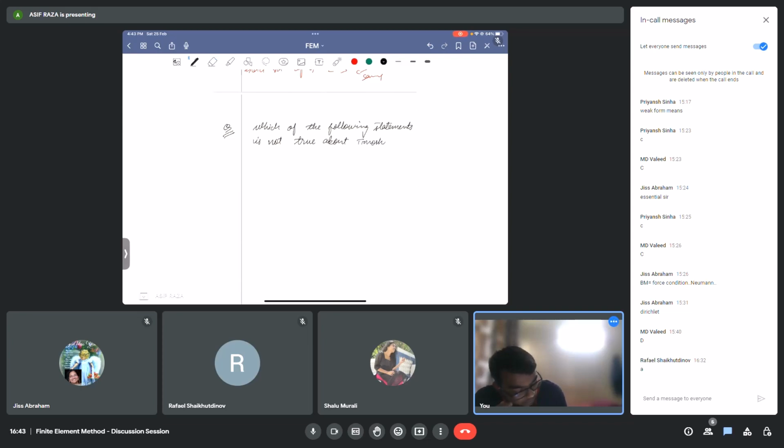Timoshenko beam. I hope you guys have been taught Timoshenko beam. I went through the lecture, but let's see how much you guys know.